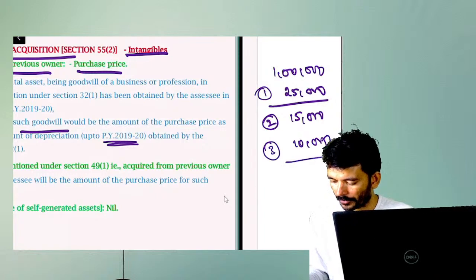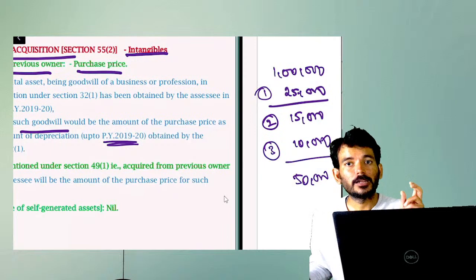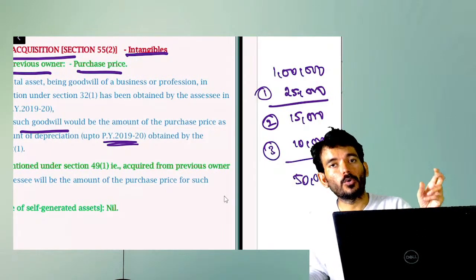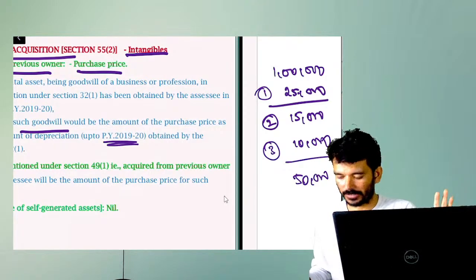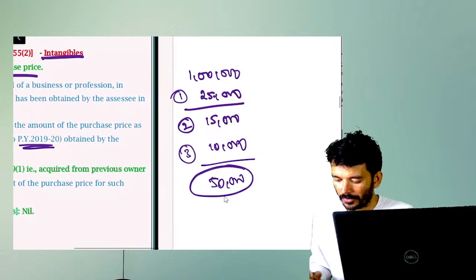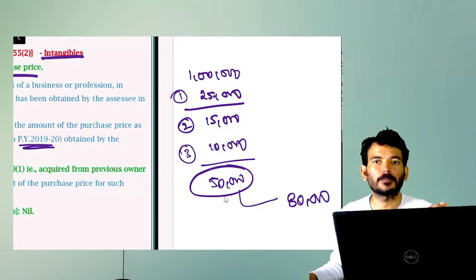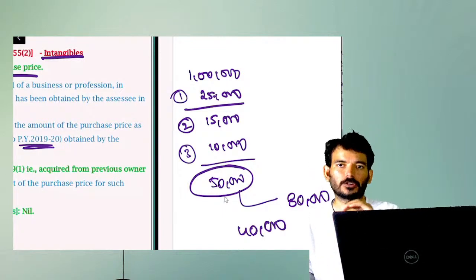So 25, 30, 40, 50. So 50,000 is the notional WDV, had goodwill been the only asset in your block. If you are selling it for 80,000, 30,000 will be your short-term capital gain; if you are selling it for 40,000, 10,000 will be short-term capital loss.